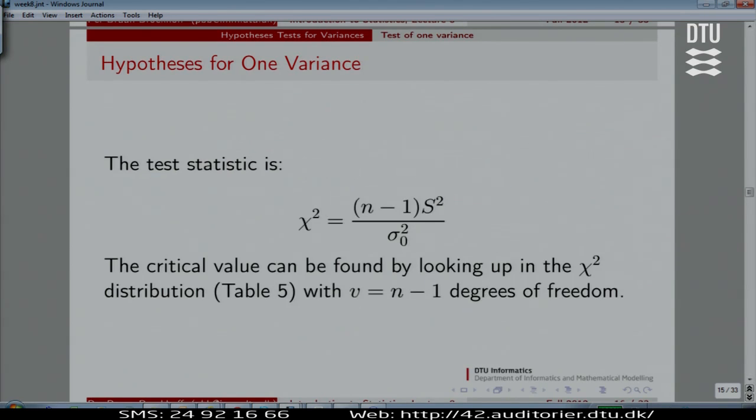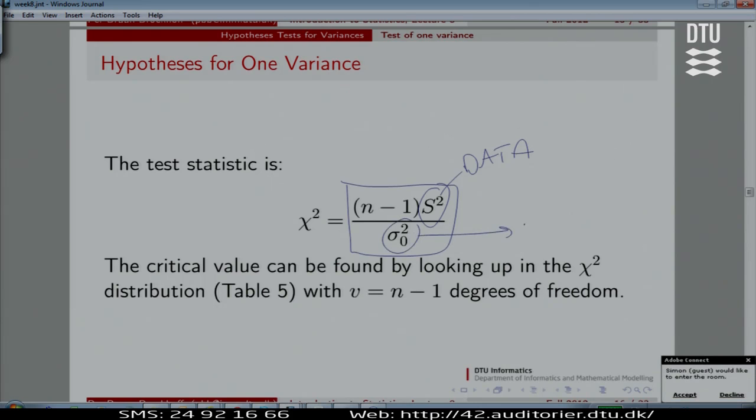How do we do it, theoretically? Sorry for jumping. Here is the test statistic. It looks a lot like what we saw a minute ago, before the break. What we do is basically take the computed variance, that is the data, and directly compare it with the null hypothesis.